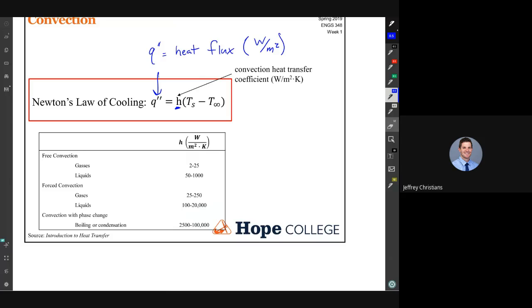Ts is the surface temp, and T infinity is the fluid temp far away from the surface, or some large distance away from the surface.